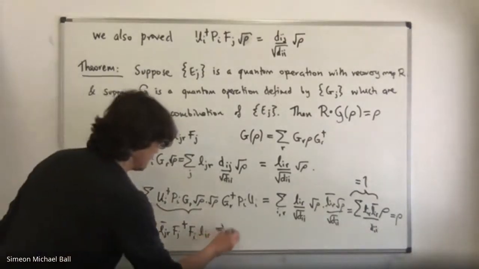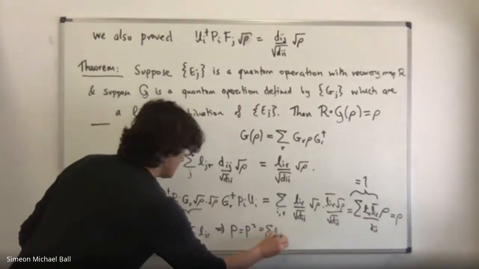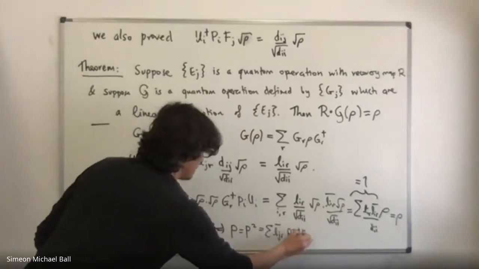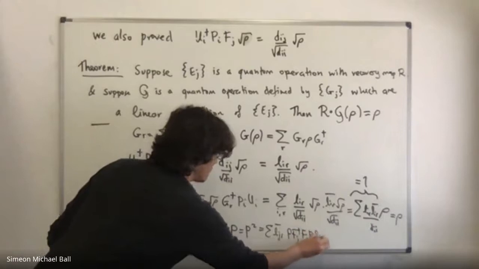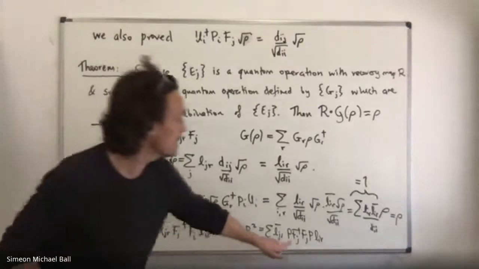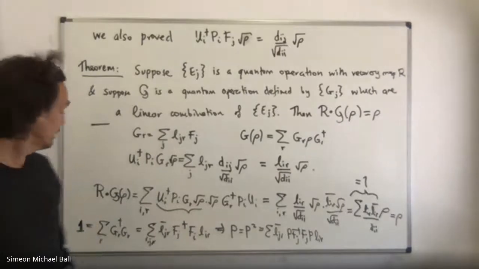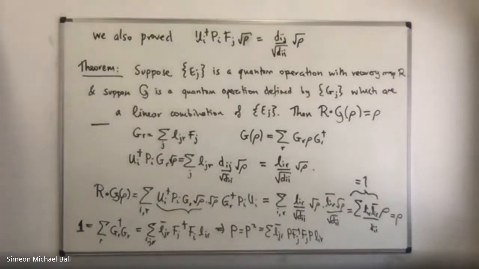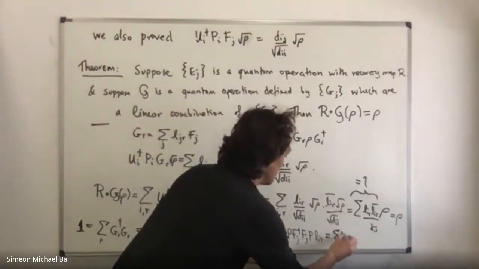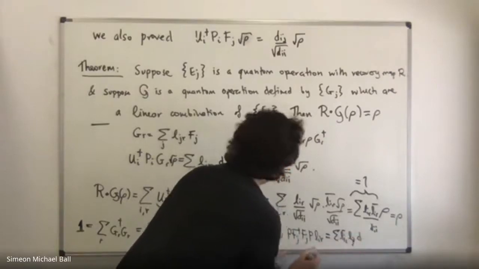So now we get P equals the sum of the L_JR and the P F_R dagger F_J P. But we know that P F_R dagger F_J P is precisely the D_JJ.